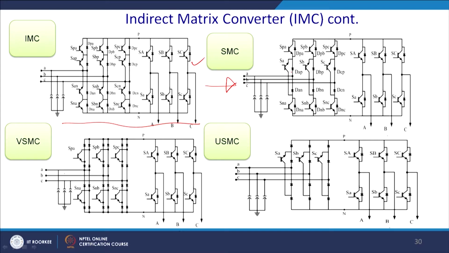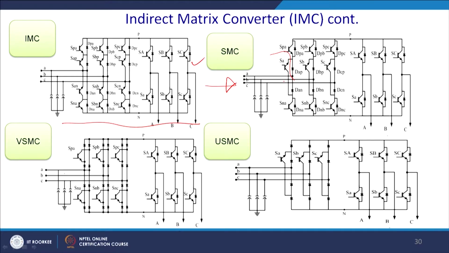You see that the diode configuration is the same here, but here the diode configuration has been changed, and there is a path to flow in this way, but the reverse path is not allowed, and it should be allowed through this switch.